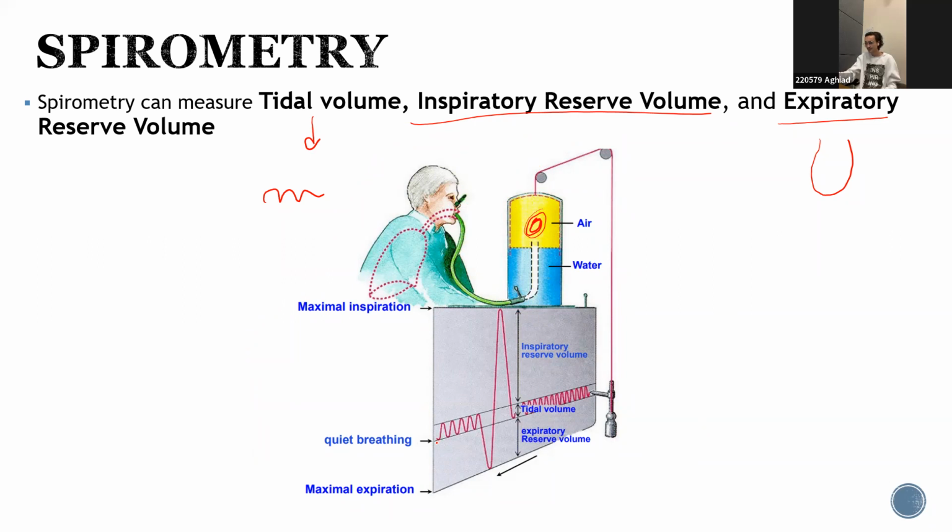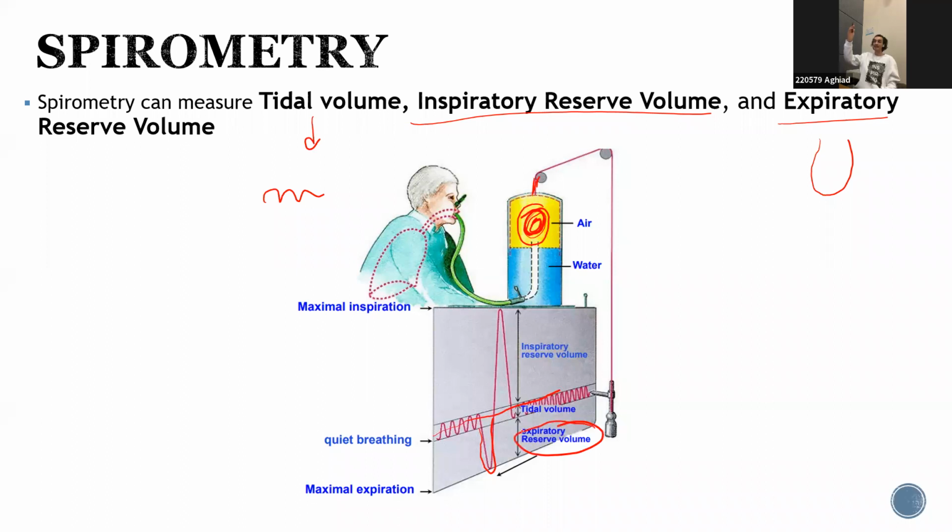So as you can see here, let's clear up all of this. This is the tidal volume. You can imagine this up and down changing and reflecting on the graph, due to the change of volume inside here. Then imagine the participant fully exhaling. That will create this reflection on the graph, the expiratory reserve volume.